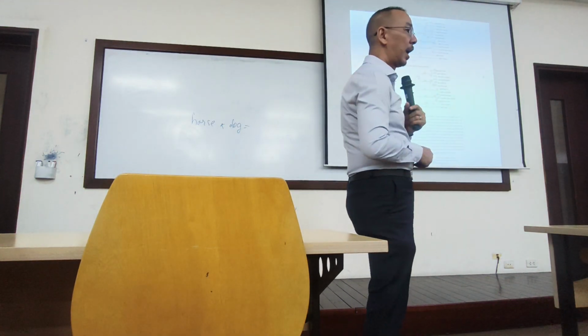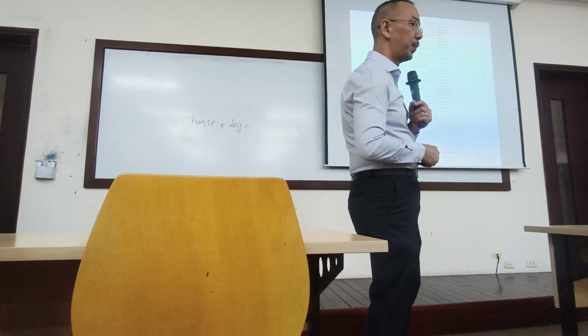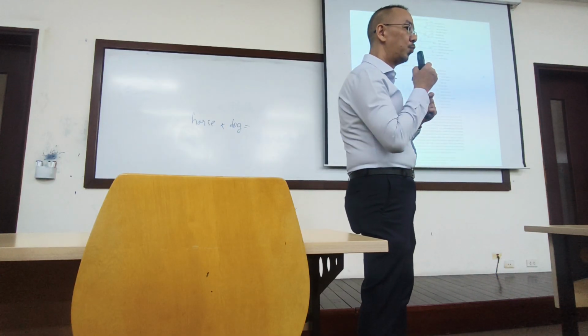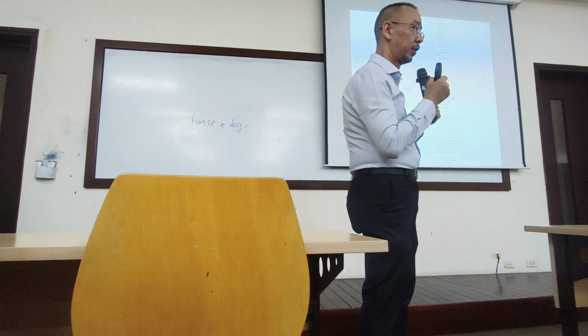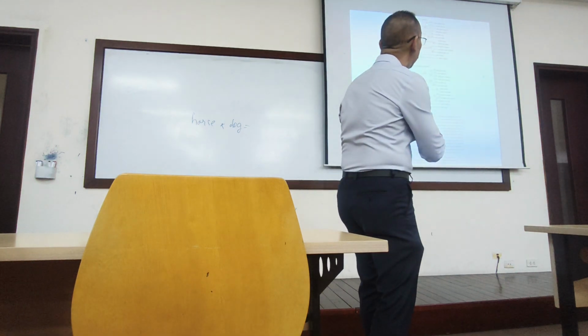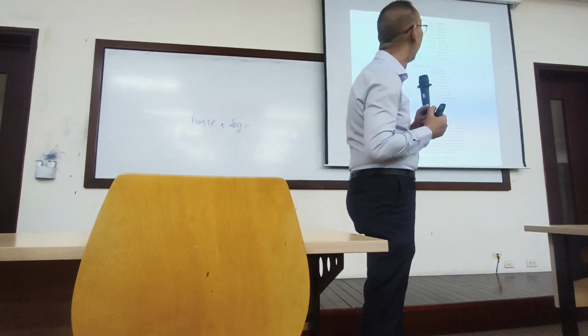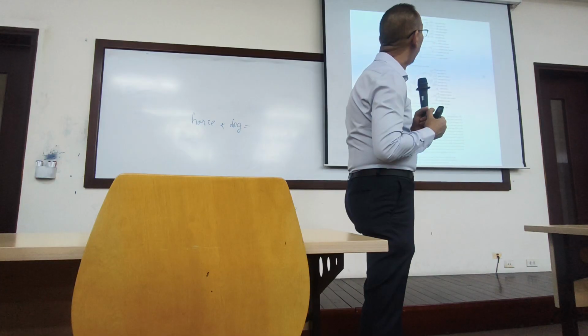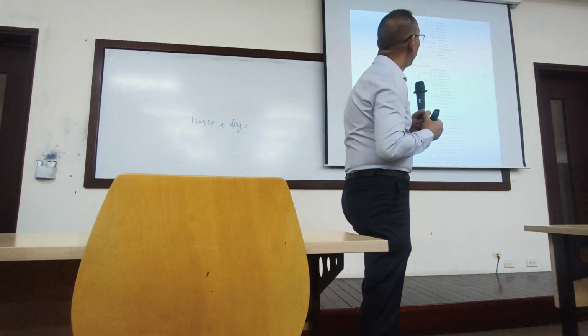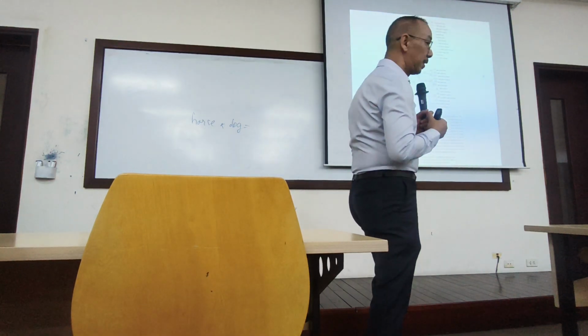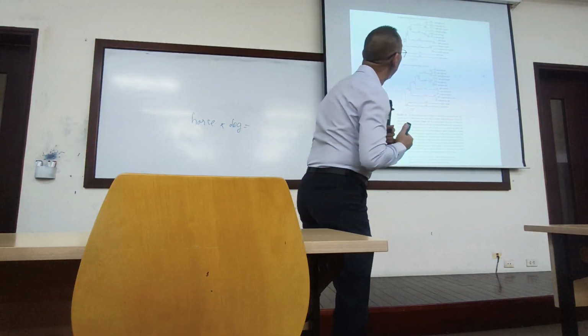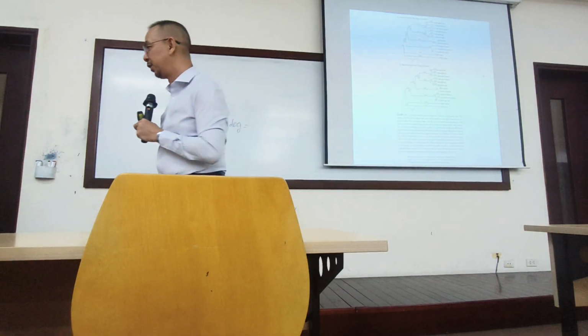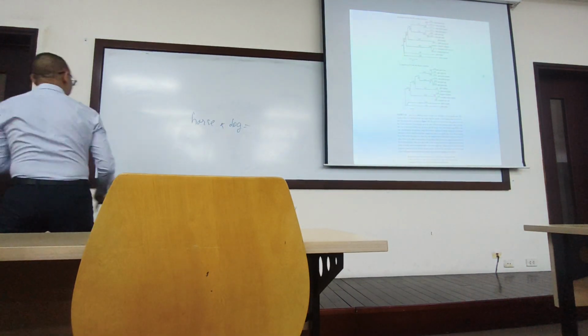Okay? And then how to calculate the distance between two species? You sum the distance from each species to the common ancestor. So the hawk to the common ancestor, how much? 0.09.